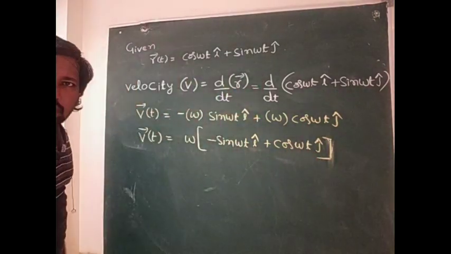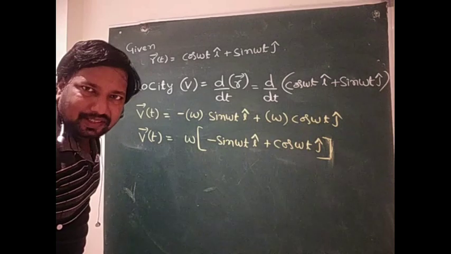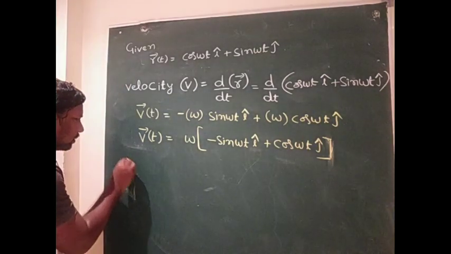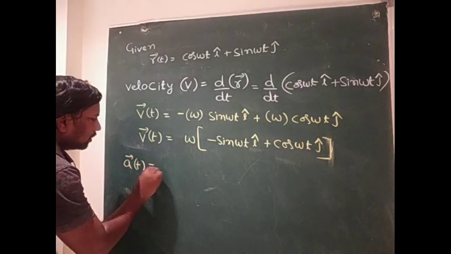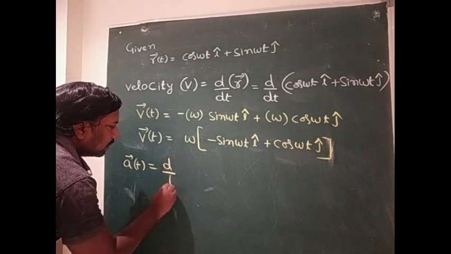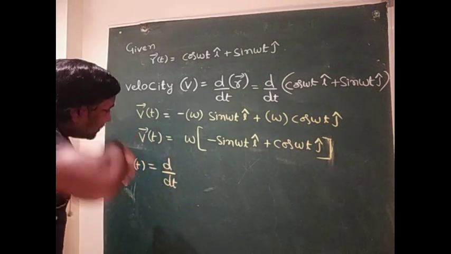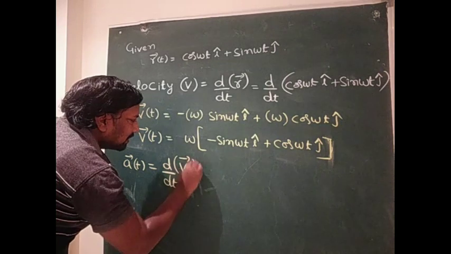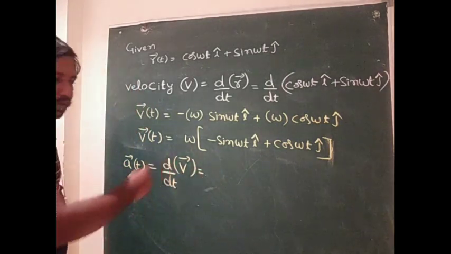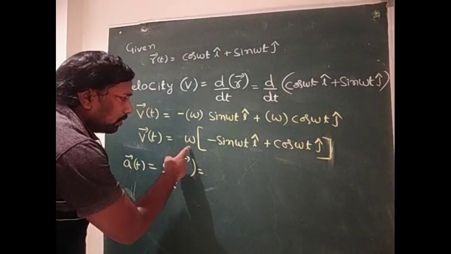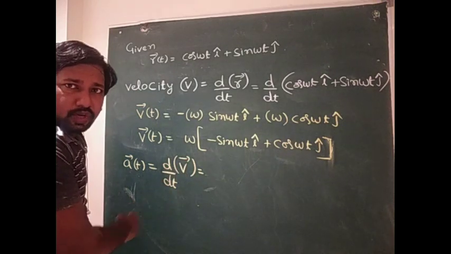So this one. Now we can find out the acceleration. So acceleration a bar of t equal to the rate of change of this velocity is known as acceleration. So here differentiate the velocity with respect to time.